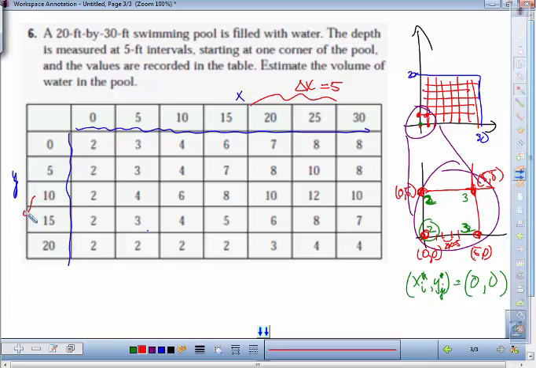And likewise, if we take any two consecutive y values, delta y is also equal to 5. So that gives us the base of this box, the length and width of the rectangular region. In this case, it's a square, I guess. But that's going to give us the base of the box, and then the height, we'll just put into the function, which will get these things.